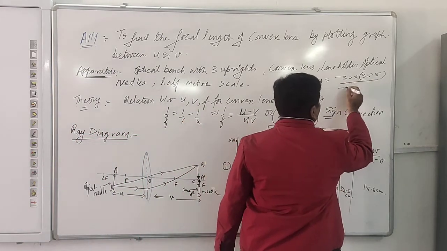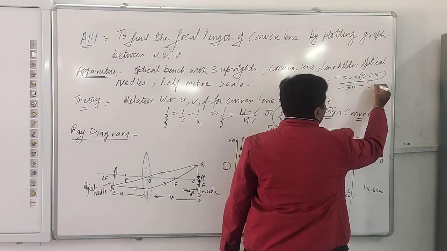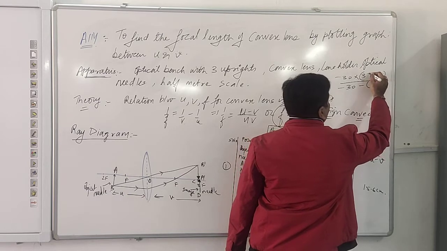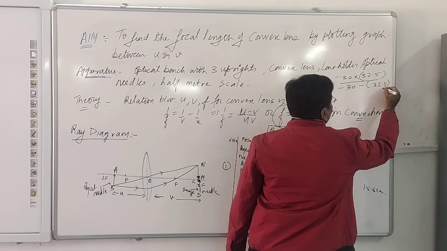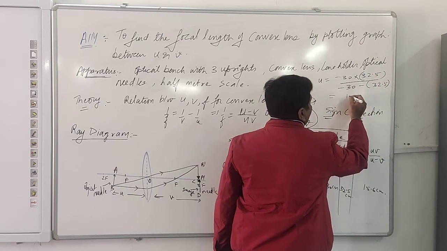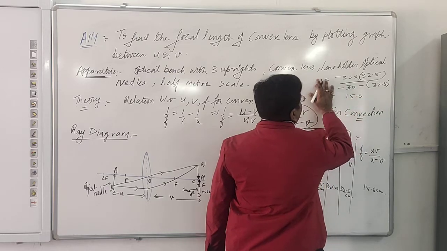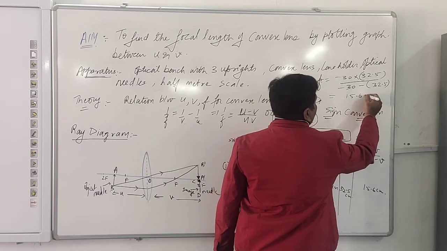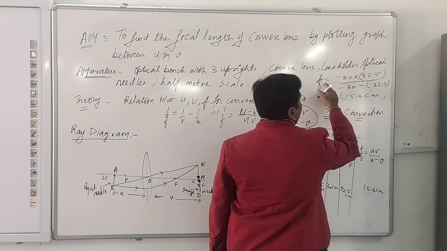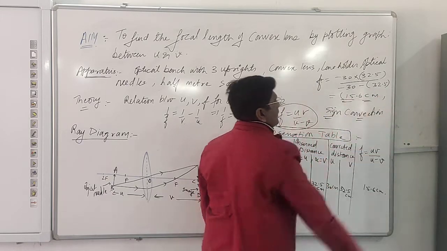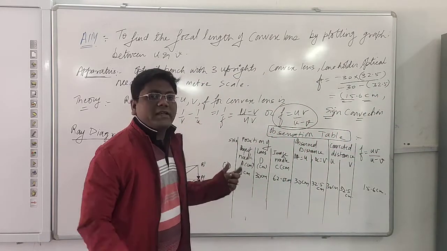And U minus V is minus 30 minus 32.5. If I solve this, I get the answer as approximately 15.6 centimeters. So that is the reading of F, dear students.